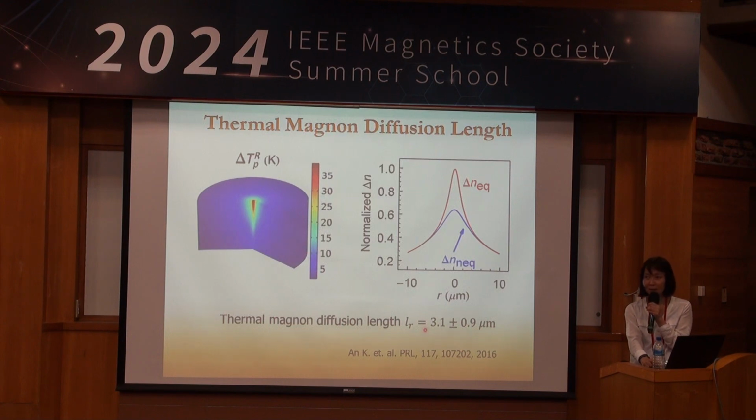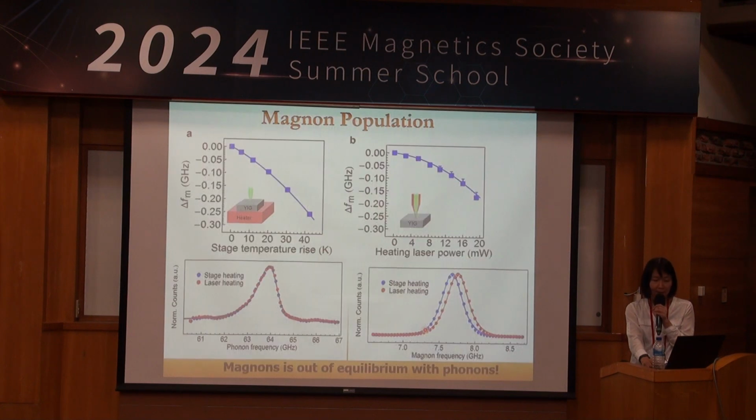Any questions on this? I know I was pretty fast going through the slides, but the basic idea is I calibrate the phonon and magnon temperature by doing a heater equilibrium measurement. So I heat up my sample, wait for equilibrium, then measure how the magnon frequency shifts as a function of heating.